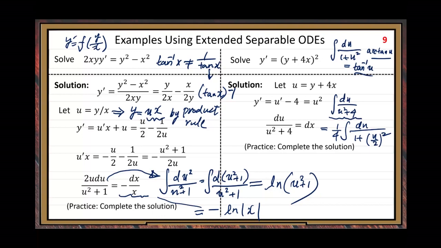U squared needs to be divided by 4, but there is a square, so I put that 2 inside with u. Because inside the parenthesis it is u over 2, but inside the d, that's u. They are different, so I cannot apply the original formula.